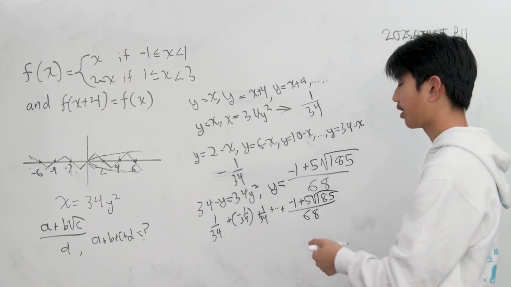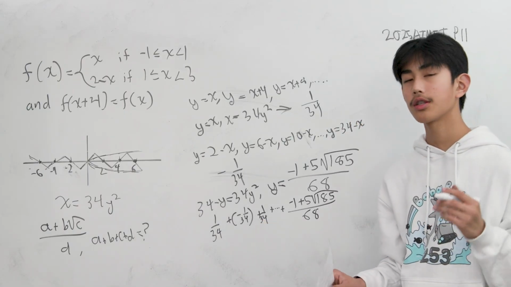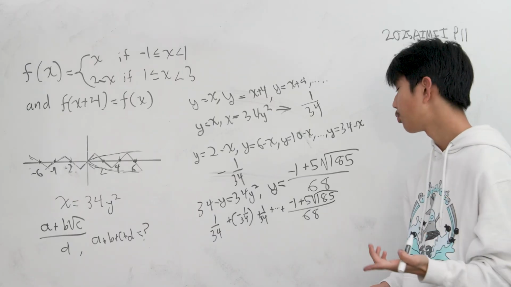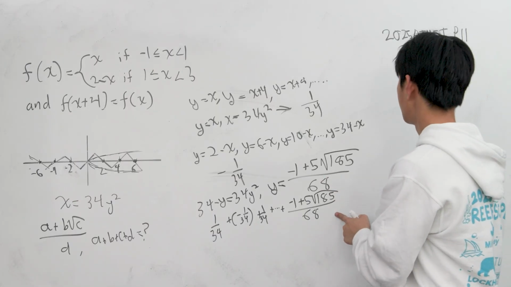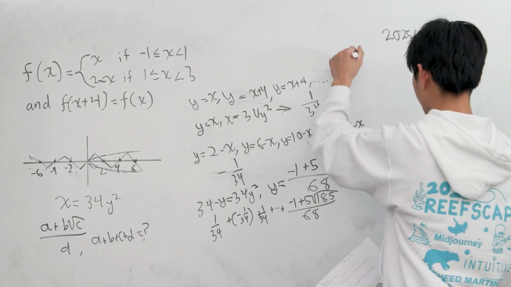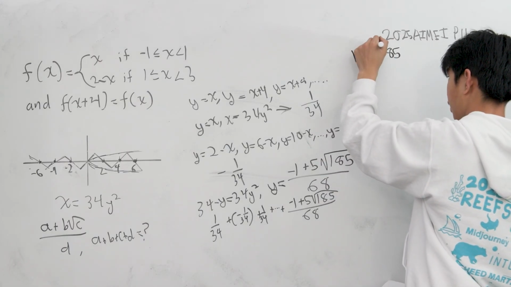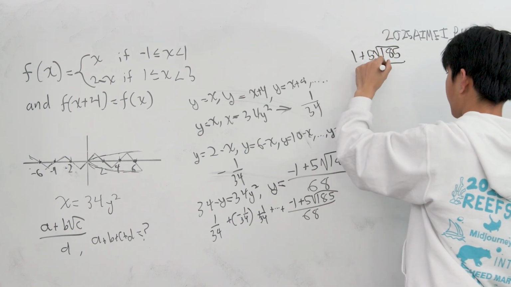All these 1 over 34s cancel except for 1 over 34, at which point you add 1 over 34 to this, and that gives you 1 plus 5 root 185 all over 68.